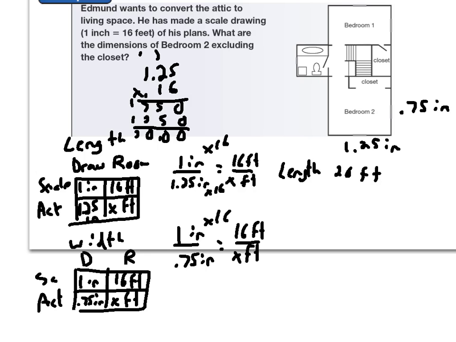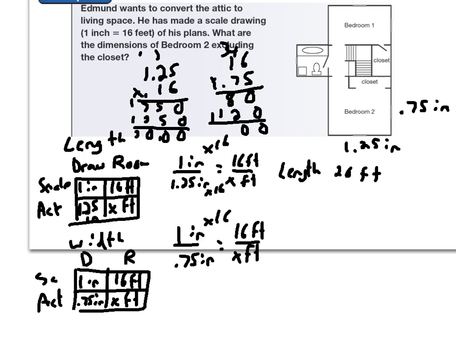We did times 16, so I'm going to take 16 times 0.75. Okay, and that's 30. Carry the 3. 5 times 1 is 5, plus 3 is 8, and 0. 6 times 7 is 42. Carry the 4. 1 times 7 is 7, plus 4 is 11.